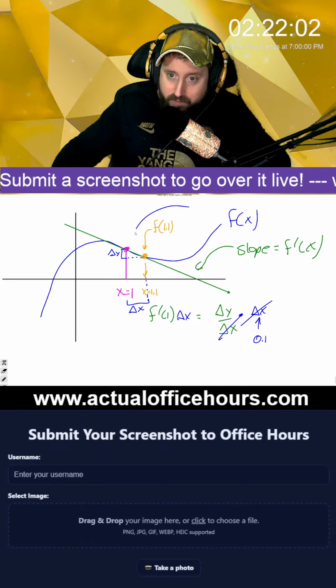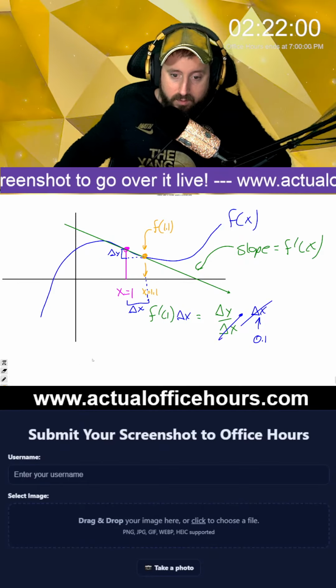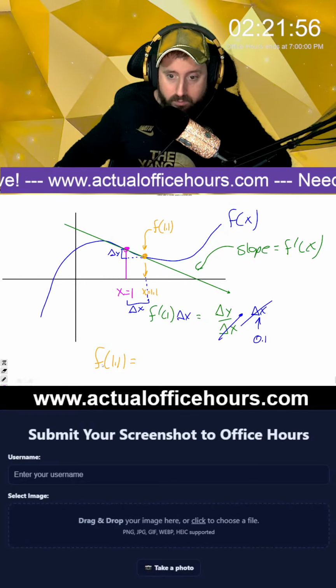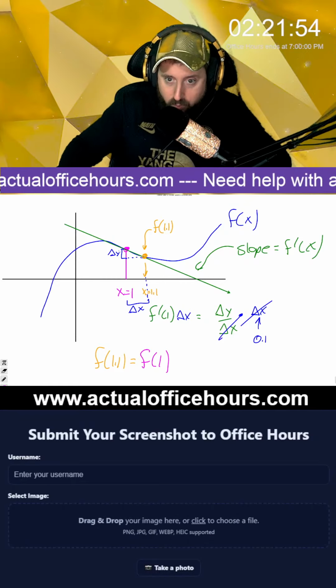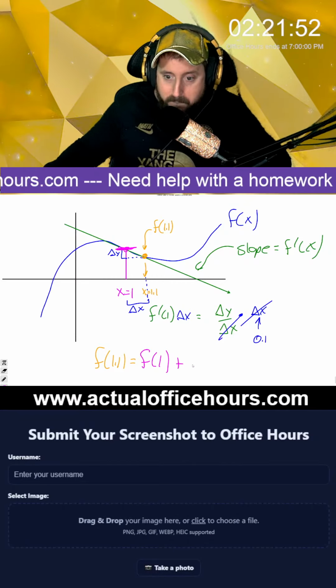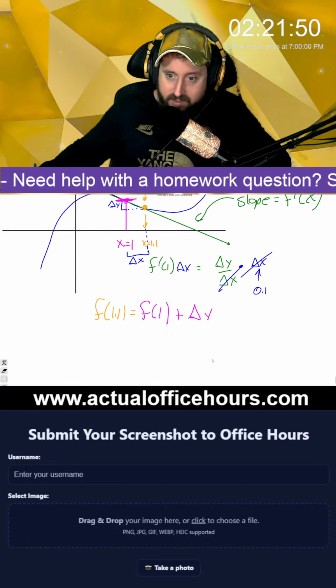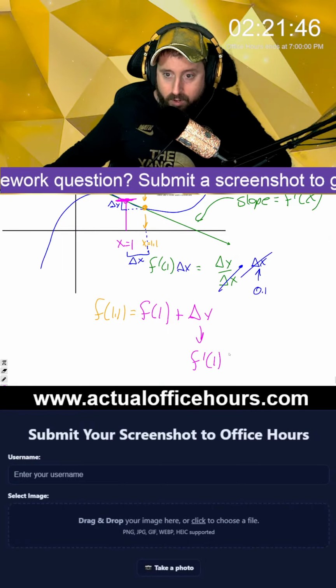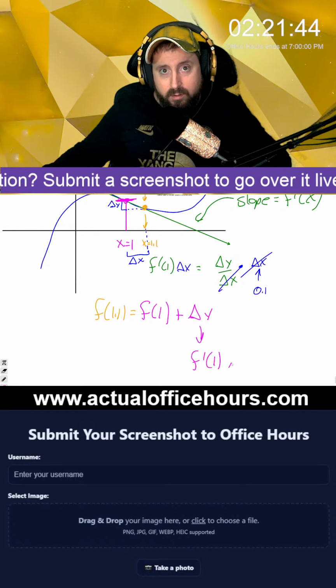But to figure out what the value of this is, f of 1.1 is equal to what the original f of 1 was, the y value here, plus delta y. And delta y in this case is f prime of 1 times delta x.